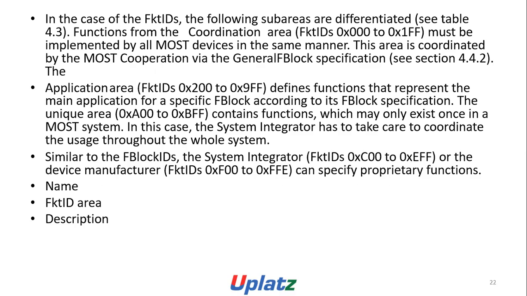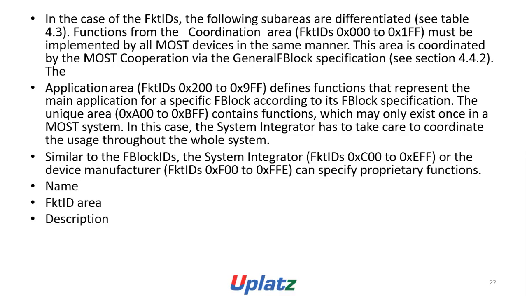In the case of FktIDs, the following subareas are differentiated, see table 4.3. Functions from the coordination area, FktID 0x00 to 0x1FF, must be implemented by all MOST devices in the same manner. This area is coordinated by MOST Cooperation via the general FBlock specification, section 4.4.2.